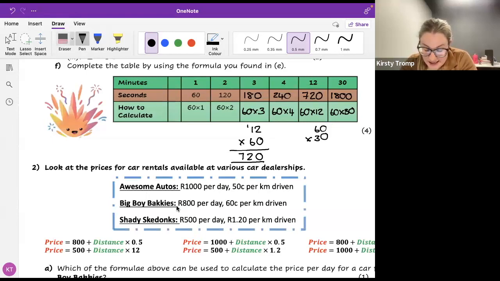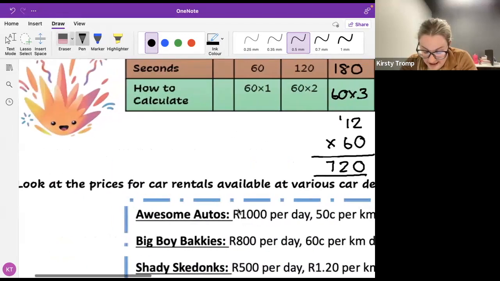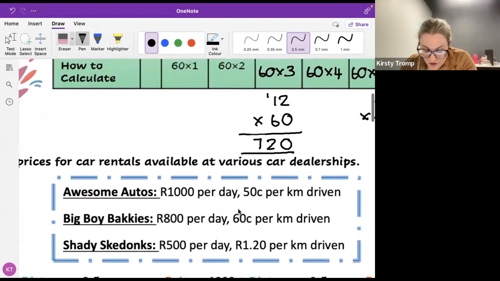Big Boy Bucky's has 800 Rand per day with 60 cents per kilometer driven. And Shady Skadonks is 500 Rand per day with 1 Rand 20 per kilometer driven. So that is the advert they have for all the different car rental places.